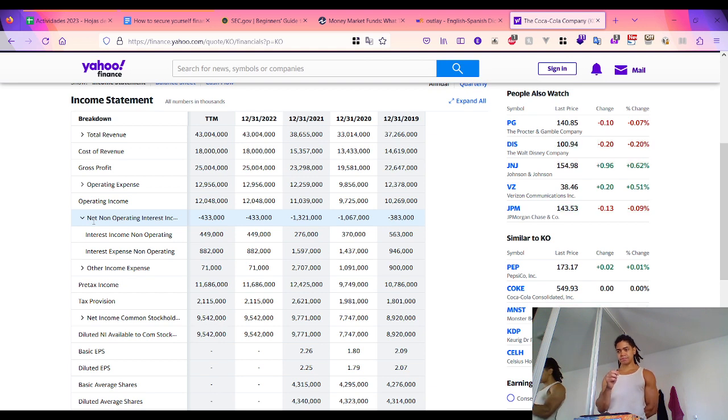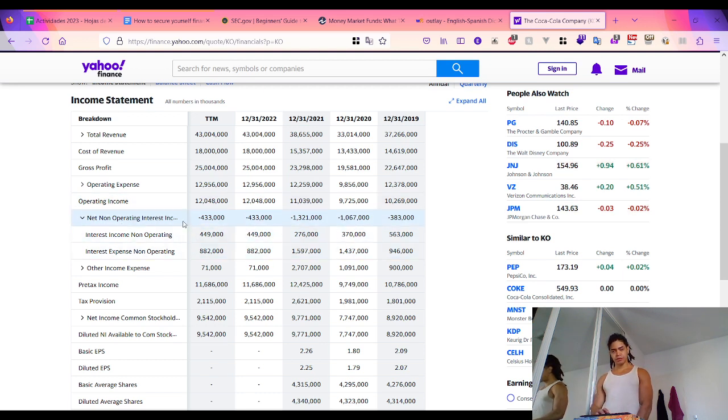So according to Investopedia, this money market fund should be used as a place to park money temporarily before investing elsewhere or making an anticipated cash outlay. These are not suitable for a long-term investment. Okay, cool.